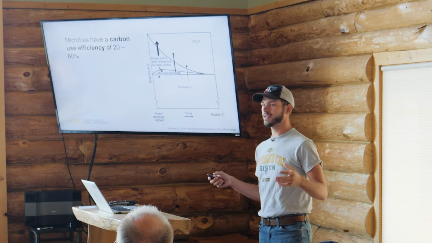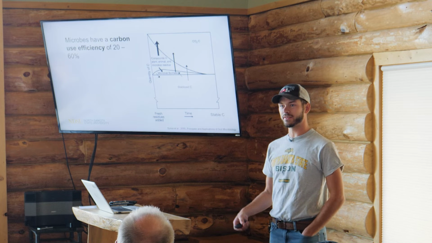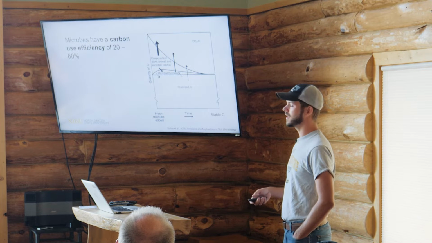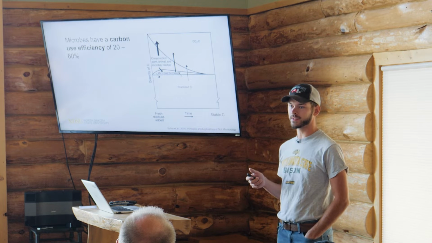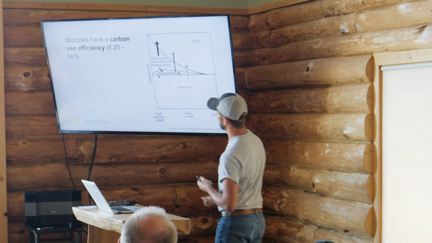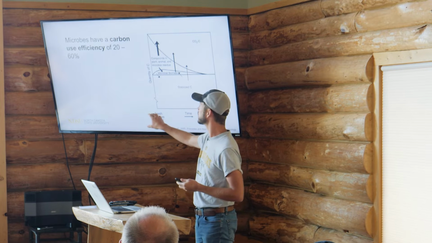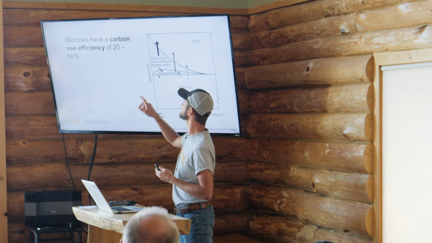Now, the reason that we're seeing that CO2 being released from the soil is microbes aren't incredibly efficient when it comes to using that carbon that they're consuming. So anywhere from 20 to 60% of the carbon that they're eating is being released back into the atmosphere as CO2. So if you look at this graph, here at time naught, when we add those fresh residues, there's a significant amount of it on the soil or in the soil.